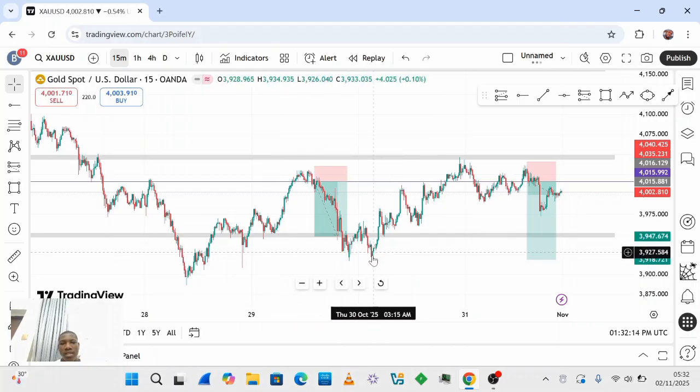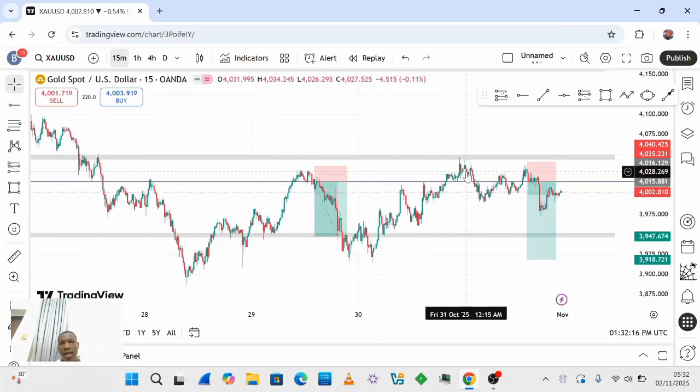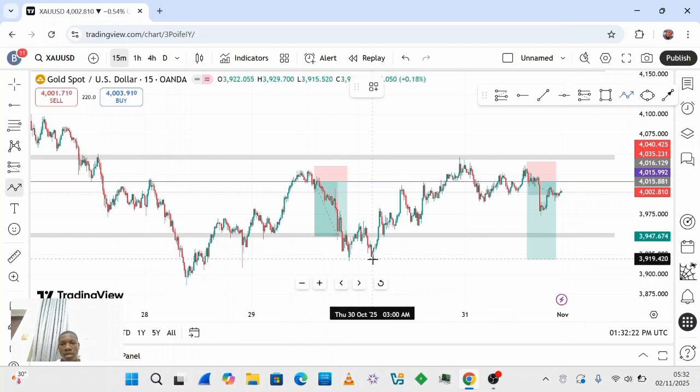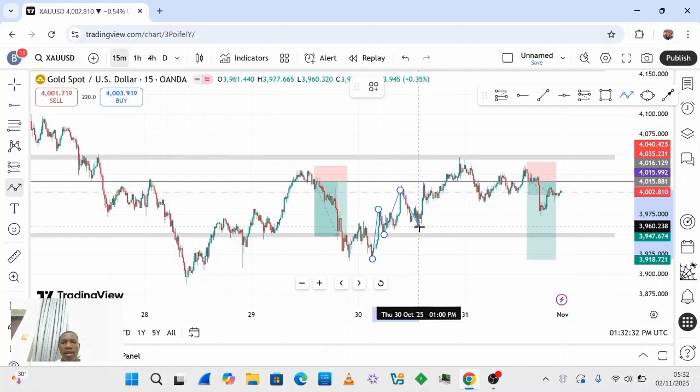Looking at it here, this is a low, a high. Let me quickly use the pen tool. This is a low, this is a high, a low, a lower high, a higher high, a higher low, higher high, higher low, higher high.